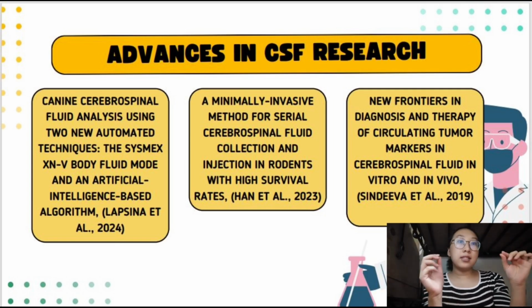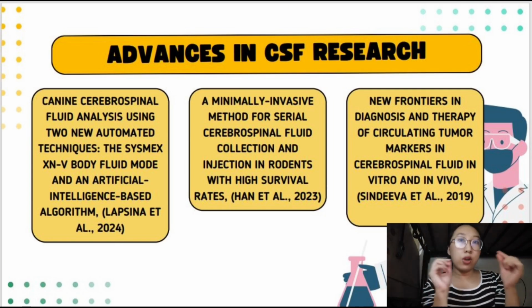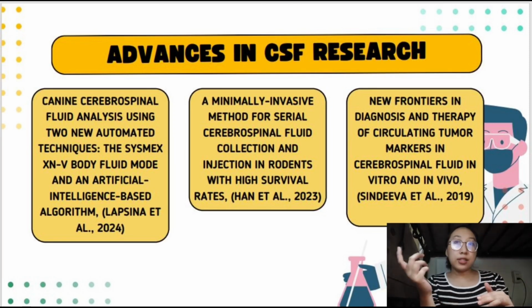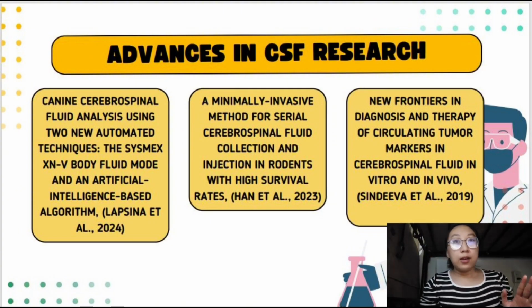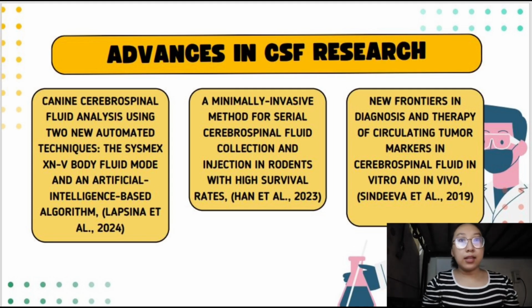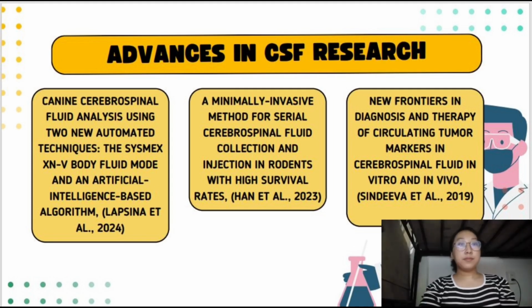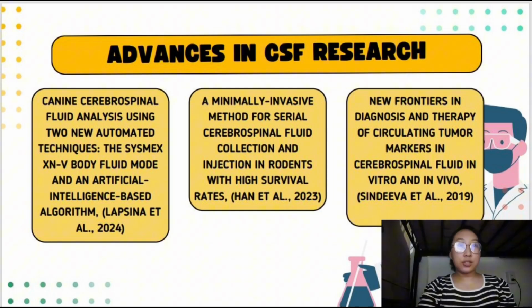So with the mice, it should be 2 to 3 millimeter long, and for the rats, it should be 4 to 5 millimeter long. So the researchers can access the CSF without making a surgical incision, and it reduces animal stress and simplifies the procedure. The procedure is done in the animal under anesthesia. It is punctured vertically at the back of the foramen magnum.